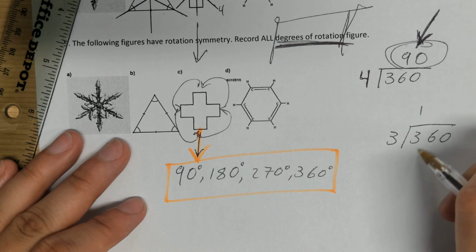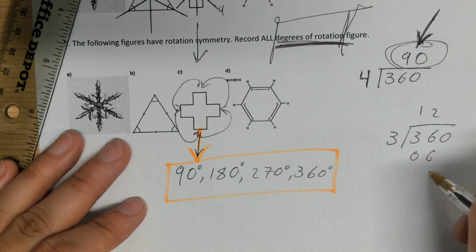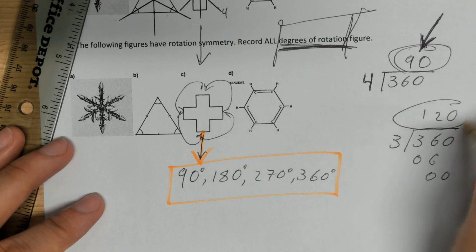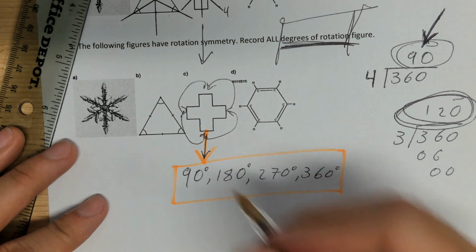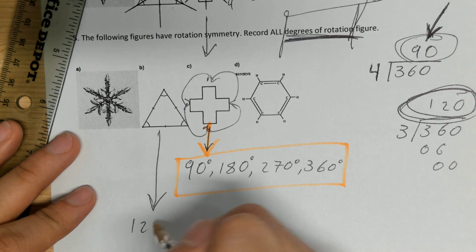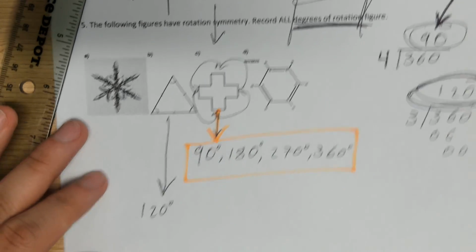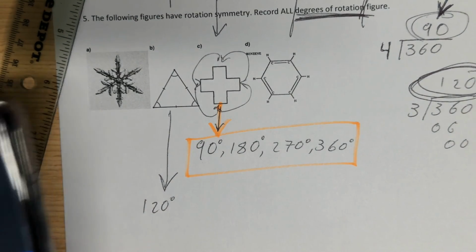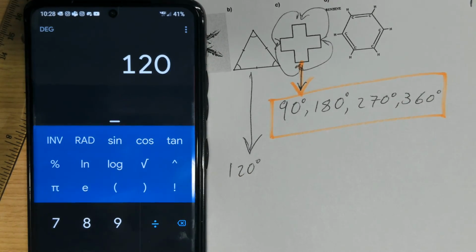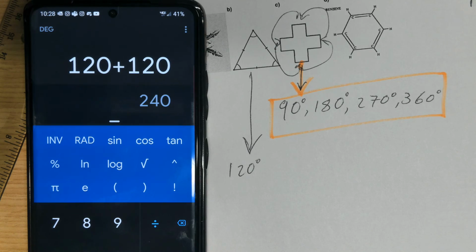And that gives me 120. So for my triangle, my angles are 120 degrees. Then I'm going to keep adding 120 plus 120.